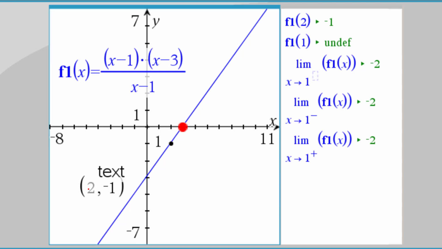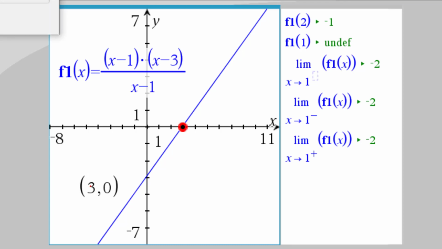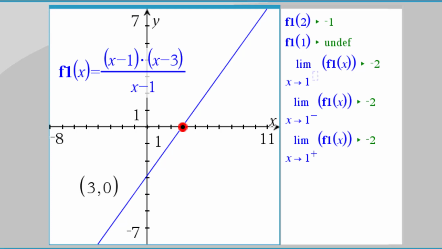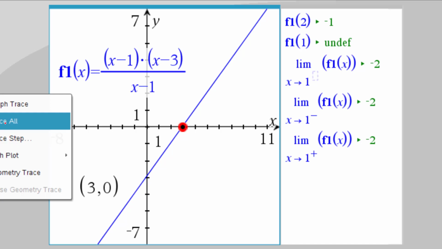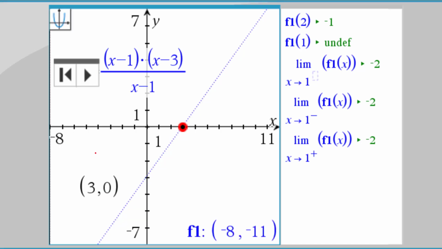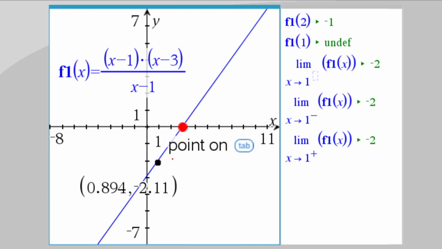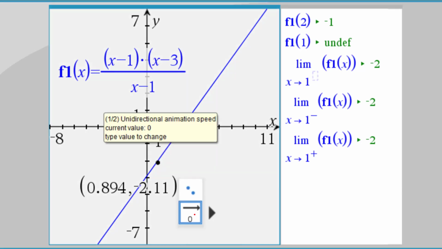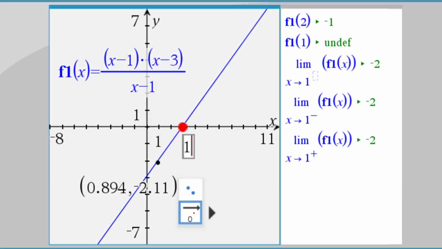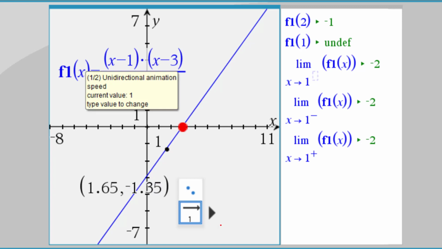So let's put a point there. If I put 3, it will go there. If I put 1, it will go there. Sorry, it won't go there because it's undefined. So I'll just demonstrate something here. If I trace this graph, not plot the function, and start at 1, you can see it's moving there.